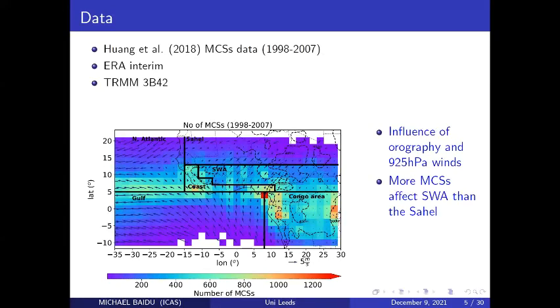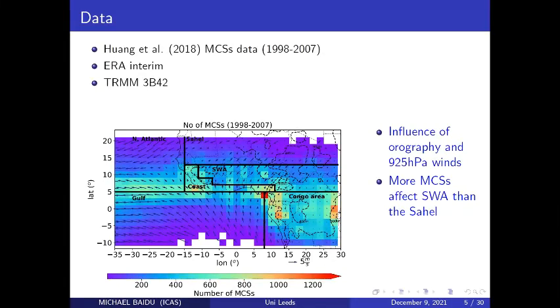And then we also select the environments associated with the storms: the winds, the convergence, the temperatures, the different pressure levels were all selected. We obtained them from ERA-Interim, and the associated rainfall was obtained from TRMM. The plot you see here is the number of MCSs tracked in the region over the period from 1998 to 2007.